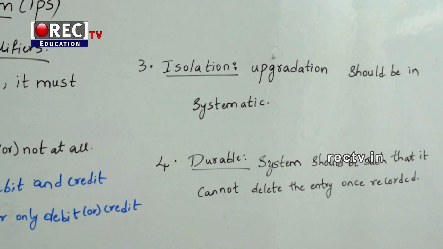But the staff person, after taking the money, enters the data in the system, and when I ask the staff person to give back the money, the staff person says once the entry is recorded, it cannot be deleted. Then we can say that whatever system the staff person is following, it is a TPS, as it is passing the test of durability. That is, once it is recorded, the entry cannot be deleted.